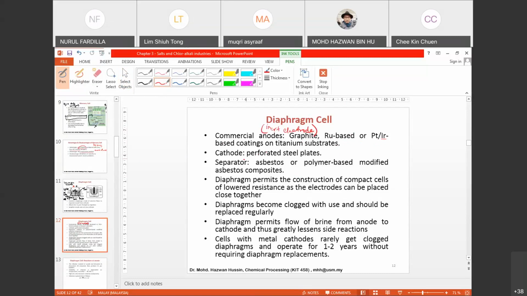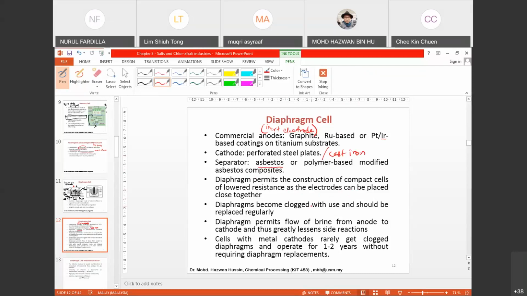And the cathode normally uses perforated steel plates, known as cast iron. The separator uses asbestos or polymer-based modified asbestos composite. Diaphragm permits the construction of a compact cell of lowered resistance as the electrodes can be placed close together.